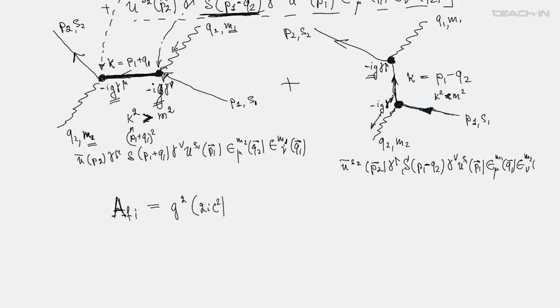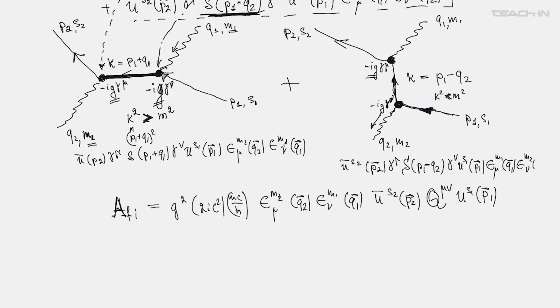2i c squared m c over h bar, epsilon mu(q2), epsilon nu(q1), u bar s2(p2), and then here I put a tensor. I denoted Q mu nu, u s1(p1), and this tensor encodes the contributions of both Feynman diagrams.